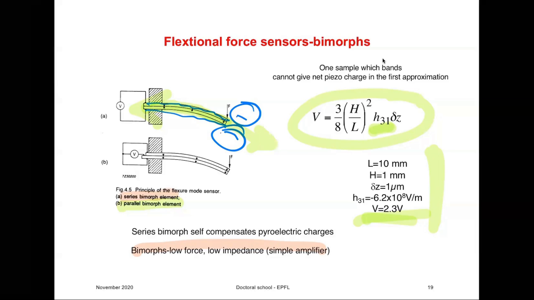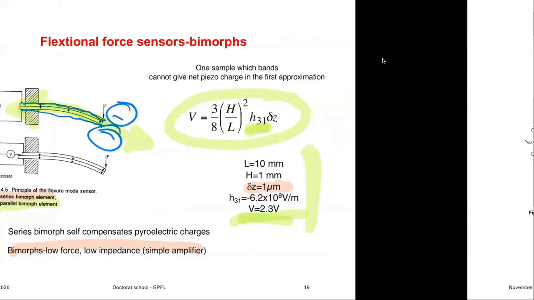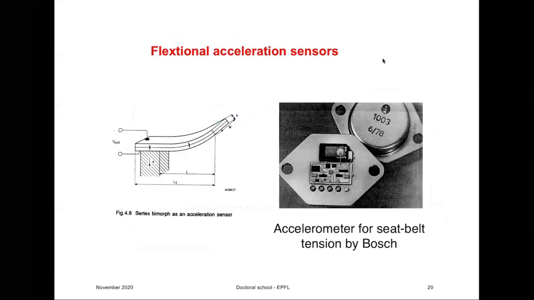The same element, exactly the same construction, can be used in a reverse way. If you apply voltage, it will bend, and therefore it can be used as an actuator which provides large displacements but very small forces. You can also use them to make sensors.